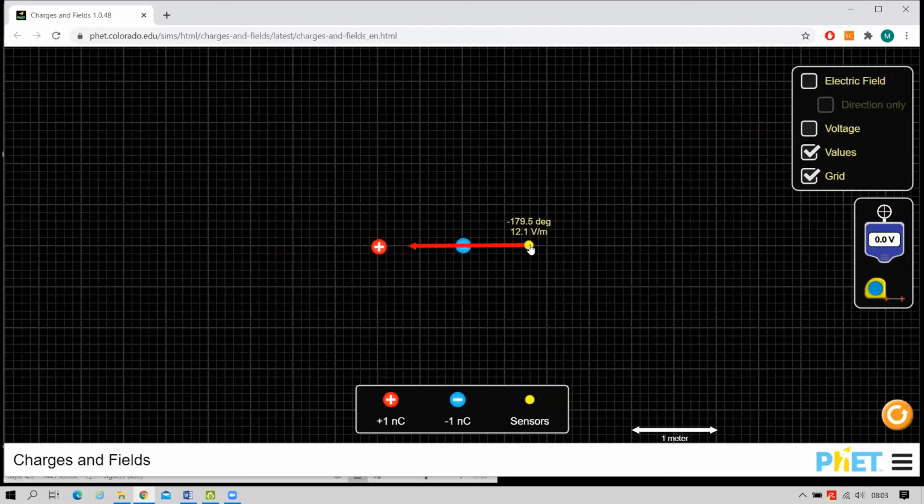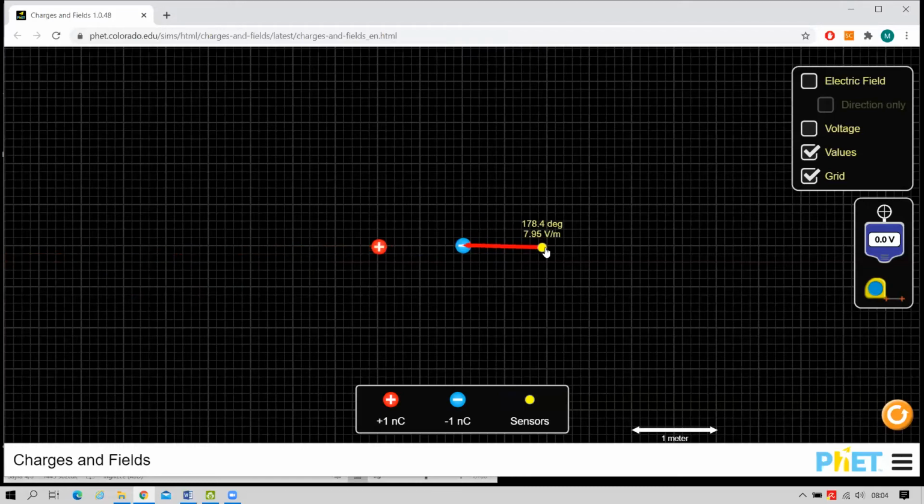Once you move away from the dipole and come close to the dipole, how does this electric field change? And does its direction change if you go away from or come close to the negative charge?